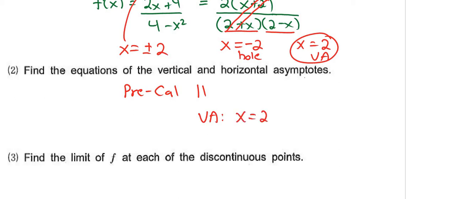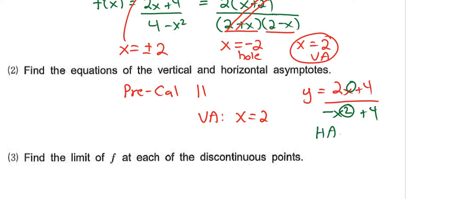Now for the horizontal asymptote, if your original problem is y equals 2x plus 4, and on the denominator, I'm just going to rearrange the expression to be negative x squared plus 4. If your degree is higher on the x on the denominator compared to the numerator, then from pre-calculus 11, your horizontal asymptote is defined to be at y equals 0. So whenever the denominator has a higher power of x compared to the numerator, the horizontal asymptote will always be at y equals 0.